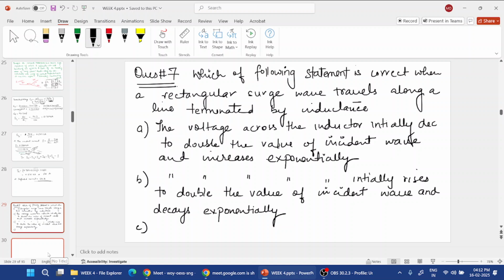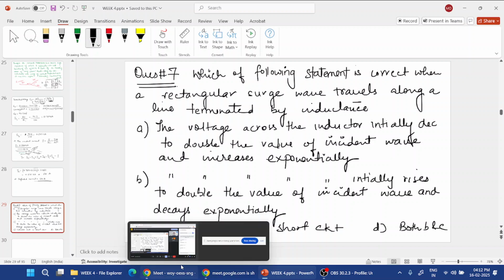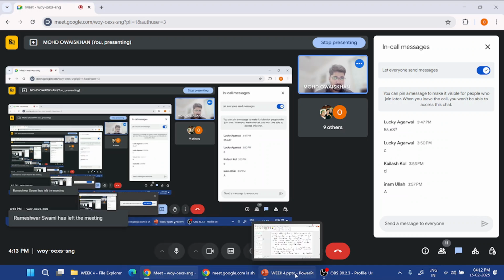C: the inductor acts as a short circuit. D: both B and C. So give me the correct answer, what it will be.